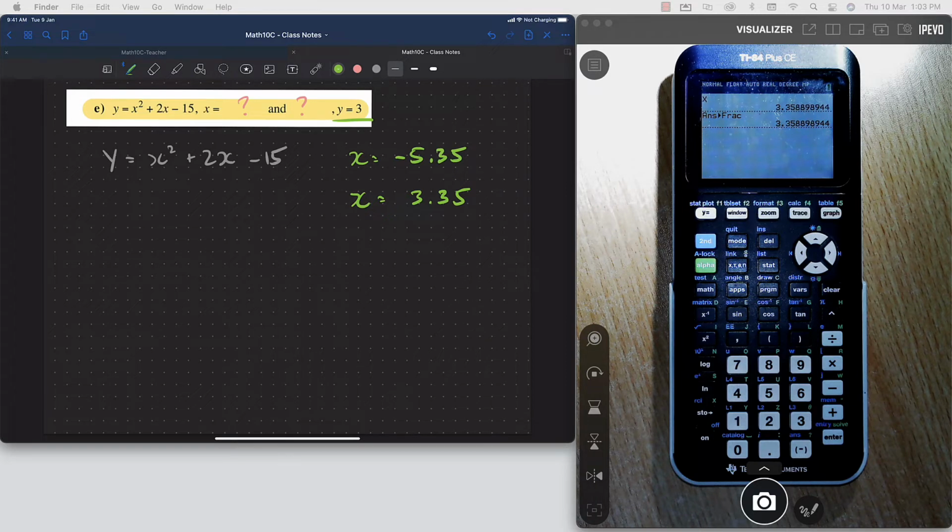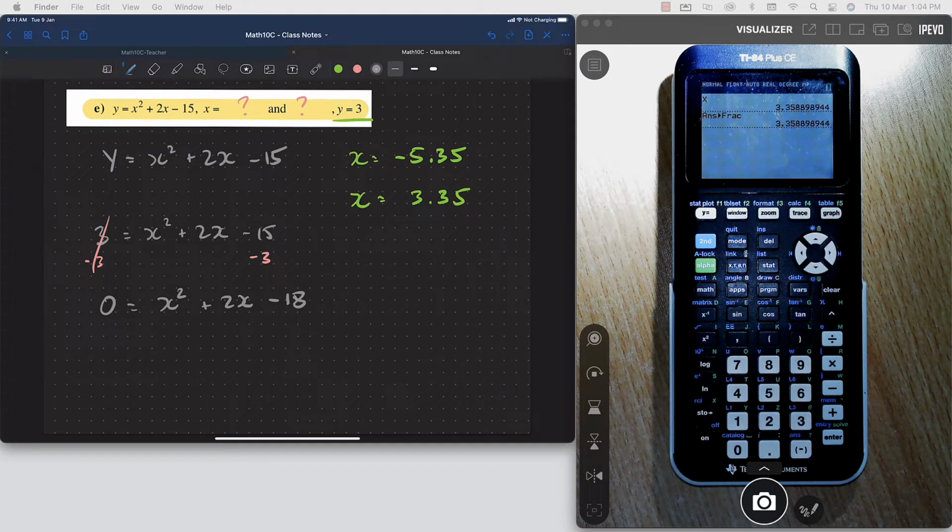Now to calculate this one by hand is definitely not that easy, because you're going to be substituting y with 3 equals x squared plus 2x minus 15. I want to make the left side equal to 0, so I'm going to subtract 3 from both sides, and now I end up with 0 equals x squared plus 2x minus 18.